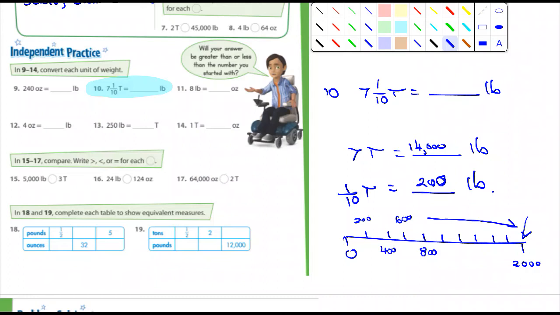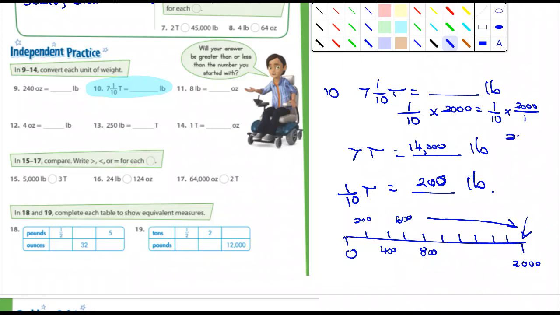Okay? If you actually had to figure it out, you would do this. When we go from smaller to larger, we could look at it like 1/10 times 2,000, which is the same as 1/10 times 2,000 over 1.